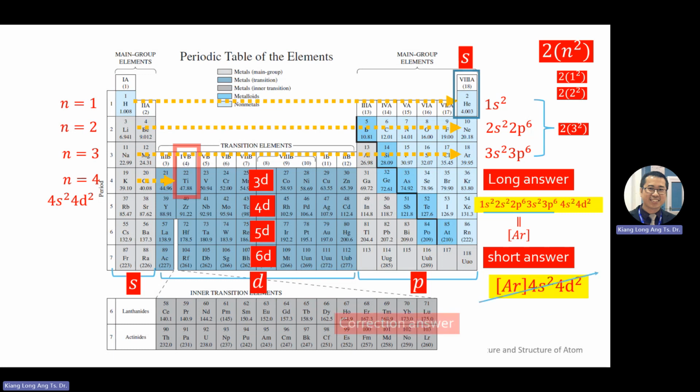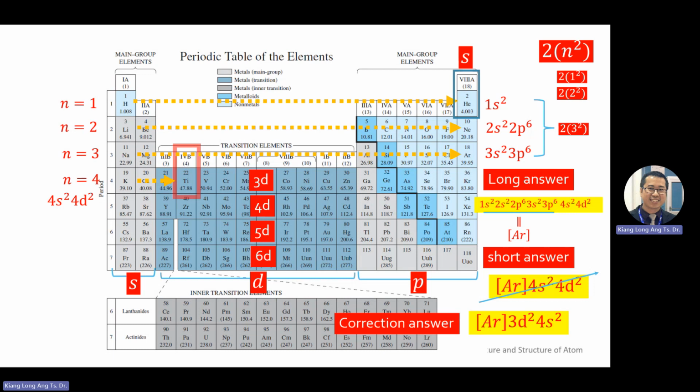Wait, let me check the answer. Correct. This one is 3, for D is 3. Correction, correction. Make a remark: this is 3, 4, 5, 6. I made a mistake in my answer. Take note, take note. Just now I missed out this one. This one is the more correct one.